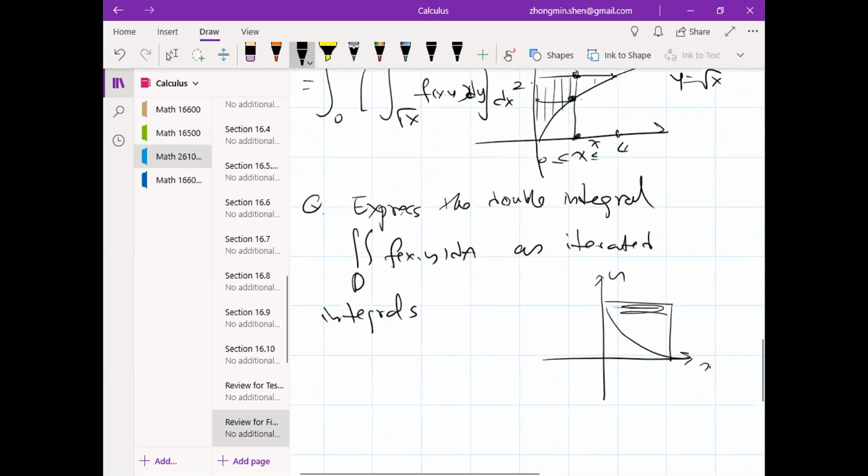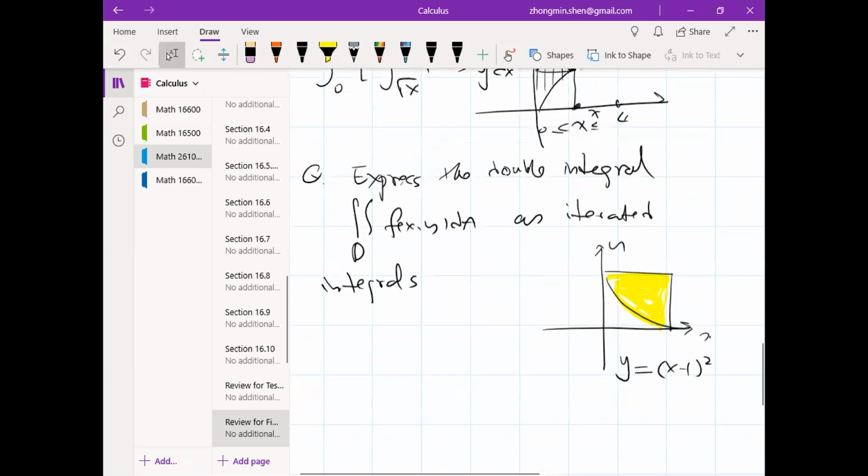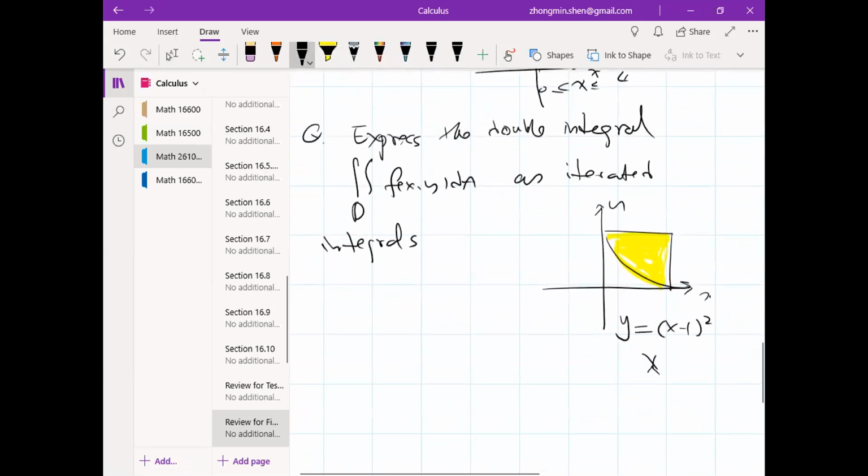This is a parabola. This is a portion of the parabola y equals (x minus 1) squared. Okay, x is between 0 and 1, right?